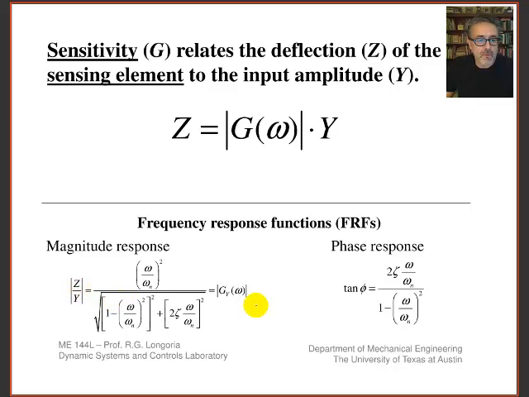So if you put an input into a system that's a sine wave with a certain amplitude, what this function tells you is the amplitude of the output, because it's going to be at the same frequency. That's what this amplitude and phase do. All you have to think is they just modify the amplitude, and in the context of a sensor, this function is important because that's your calibration constant.